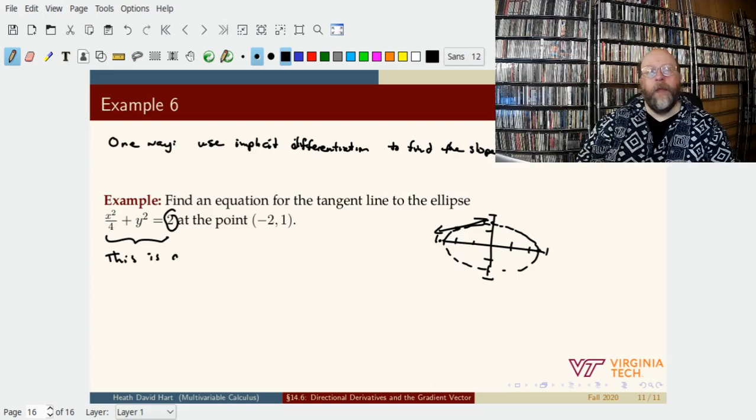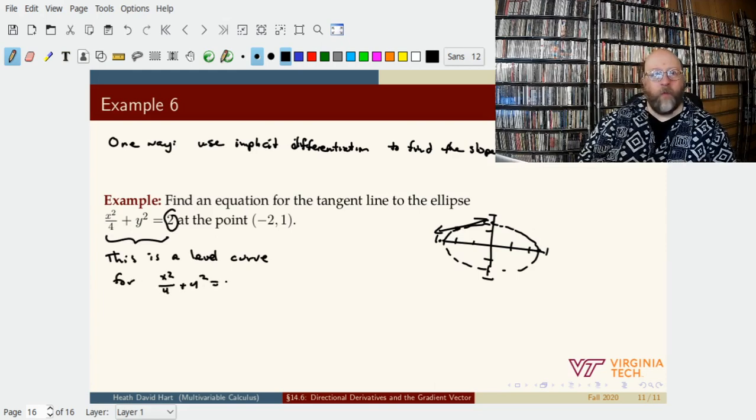This is a level curve, therefore, x squared over 4 plus y squared equals z. That is the way we find level curves, and we replace z with different constants.